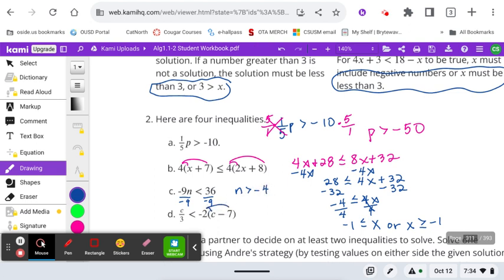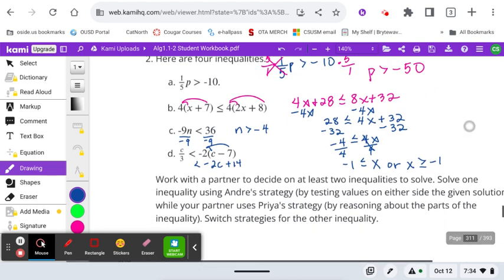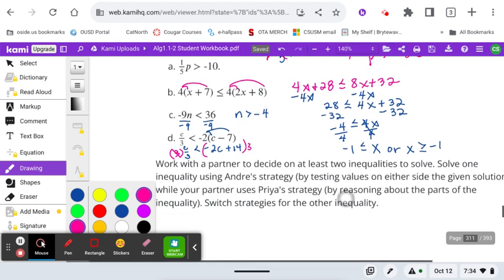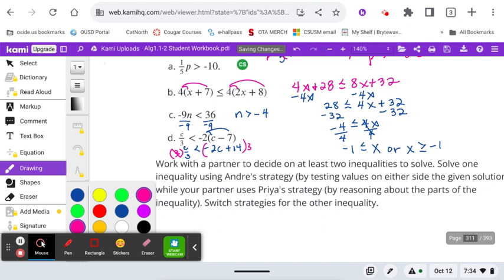And finally, negative 2c plus 14, c over 3. I'm going to start by multiplying by 3 to both sides in order to cross that out. I'm going to go down here to continue my work. So the 3's cross out, leaving me just c on the left. And then distributing the 3, I'm going to get negative 6c plus 42.